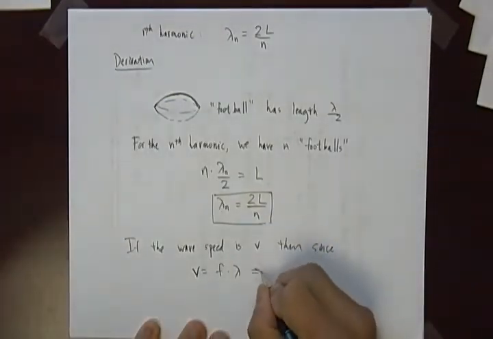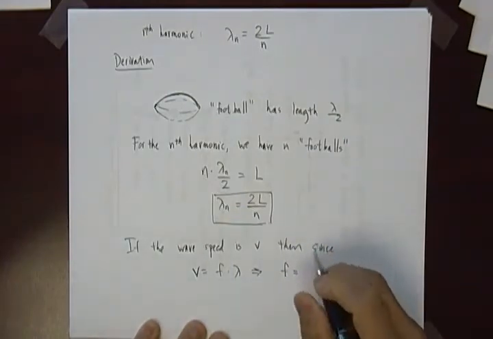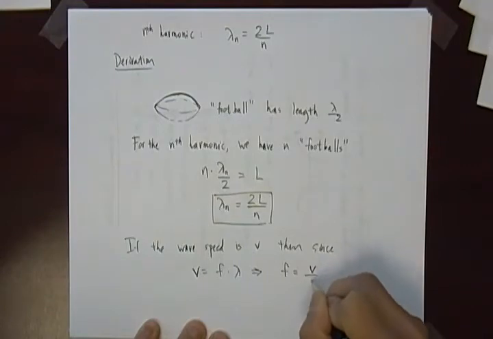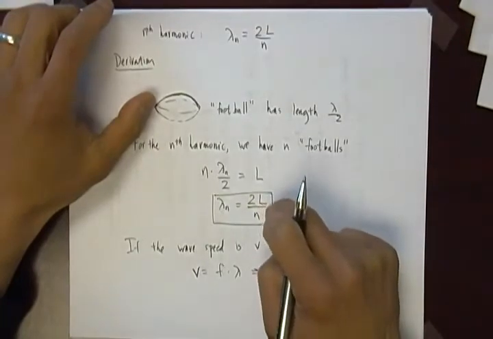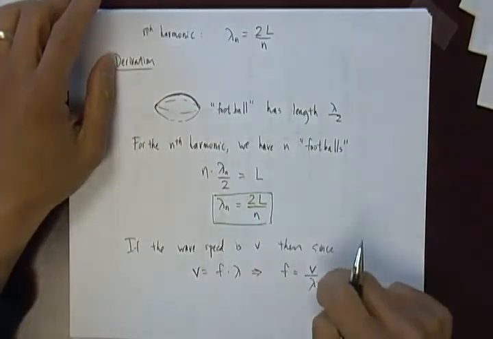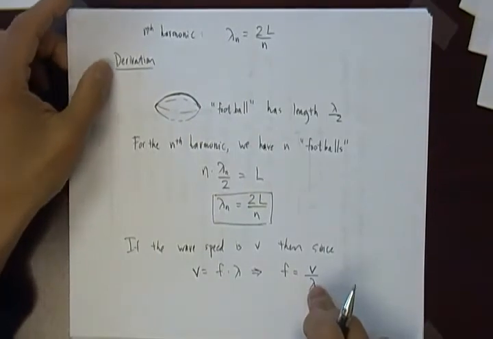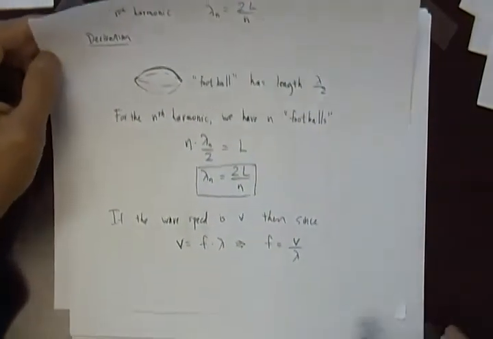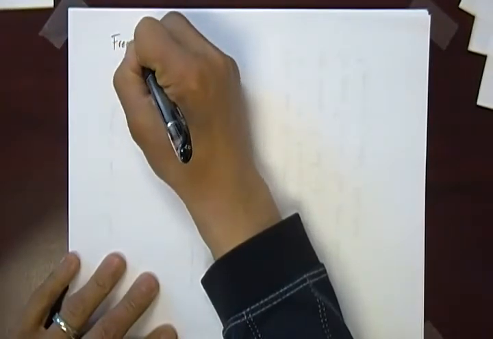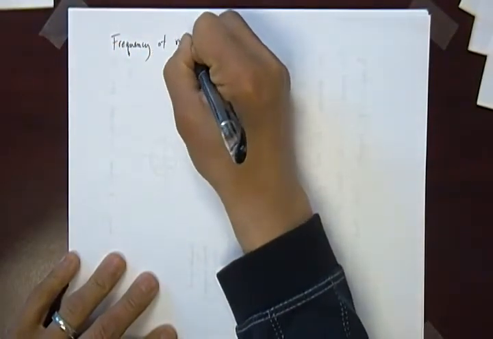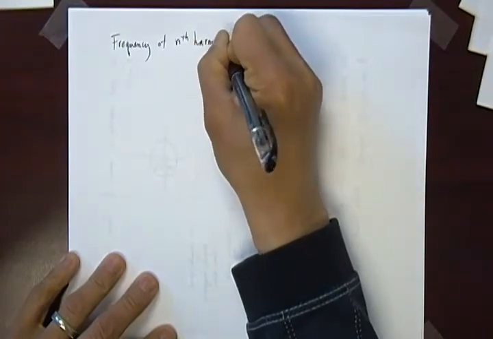Now, from this I can actually write down a formula for the frequency. It will be the wave speed divided by lambda. Now that I know a formula for the wavelength of the nth harmonic, I can get the frequency. What's the pitch? If we're listening to it, the frequency also corresponds with the pitch of the string. So we can say the frequency of the nth harmonic is, let's keep our formulas here.